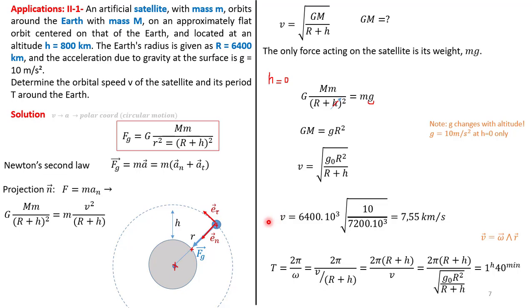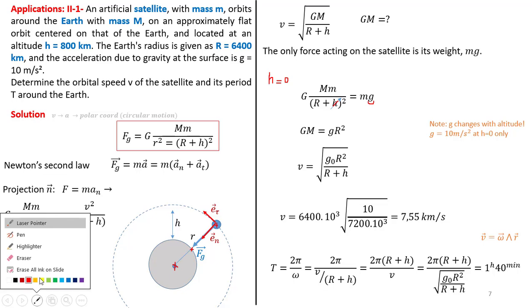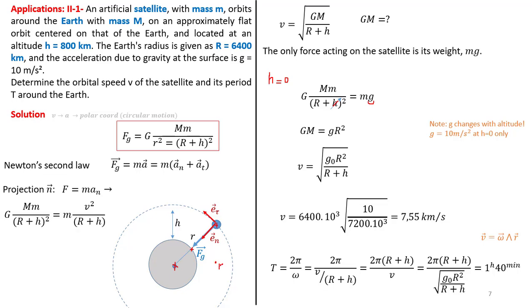So if we go back to our figure, omega is along k. It's pointing towards you because our rotation is like this. The direction of omega is given by the right hand rule. Since the rotation is in the counterclockwise direction, then omega will be pointing towards you.